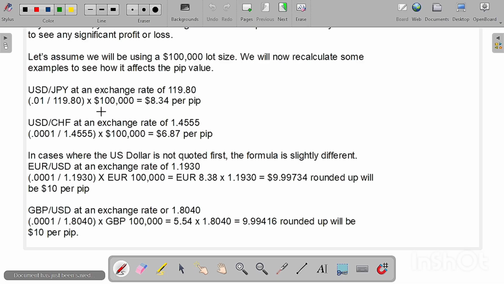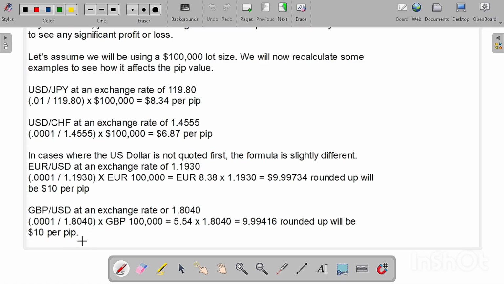And when the dollar is the base currency, you could see we have some funny figures which are still good. Meaning these currencies don't cost much for every pip compared to when the dollar is the quote currency, and all applies with that.